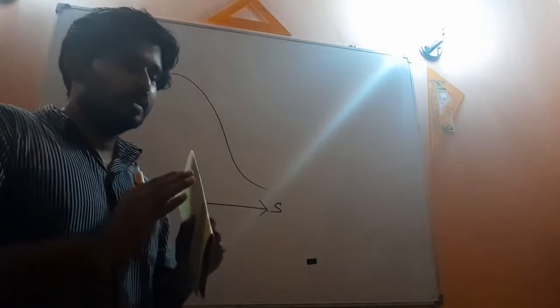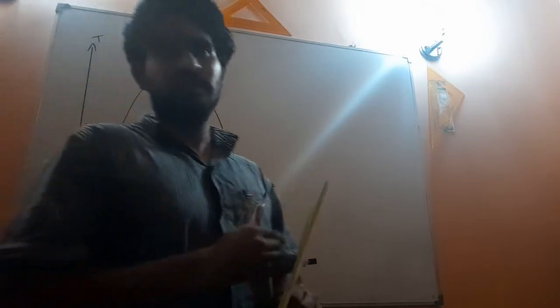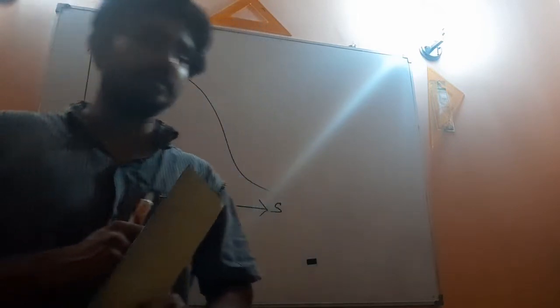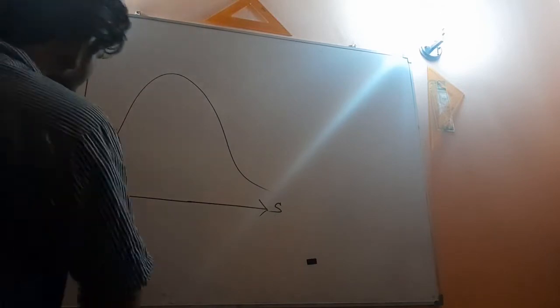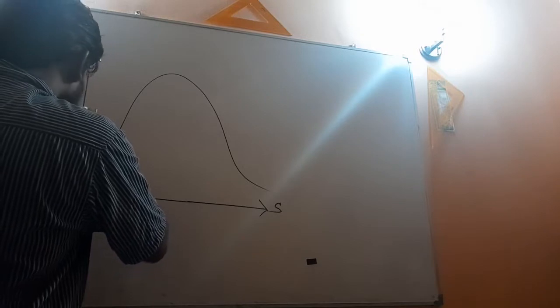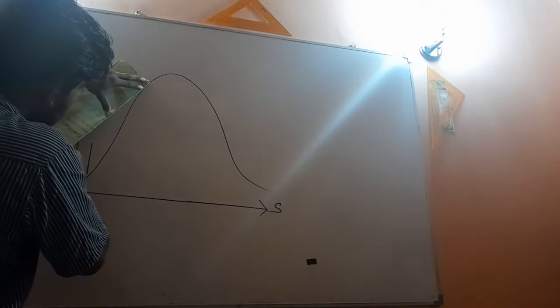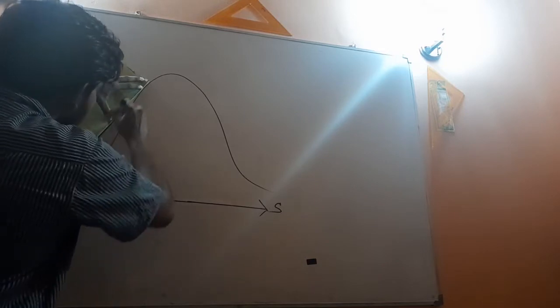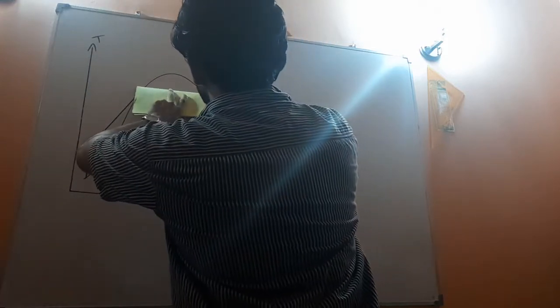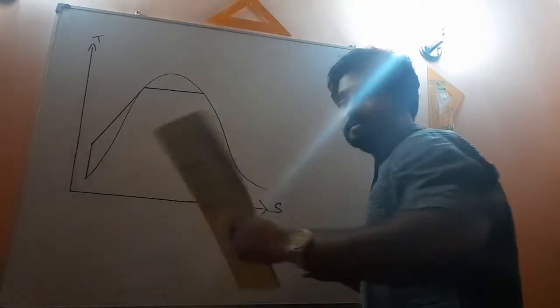So now let's see how to complete the TS diagram according to the individual processes within the reheat Rankine cycle. Starting from the saturated line, right? Now you can clearly see why I am using this kind of a ruler, right?